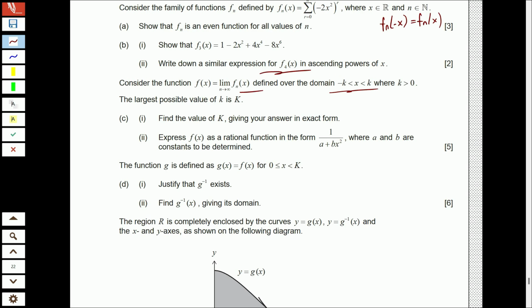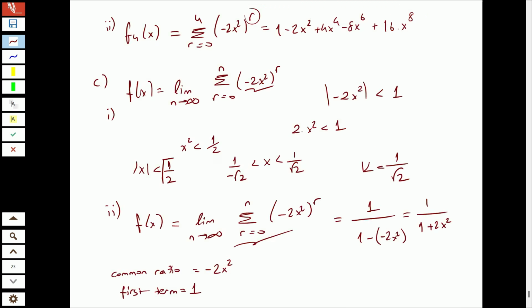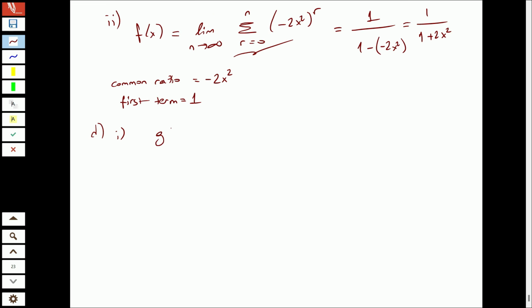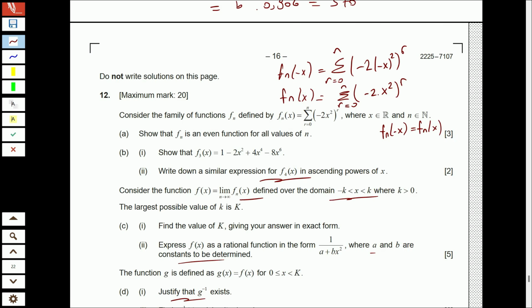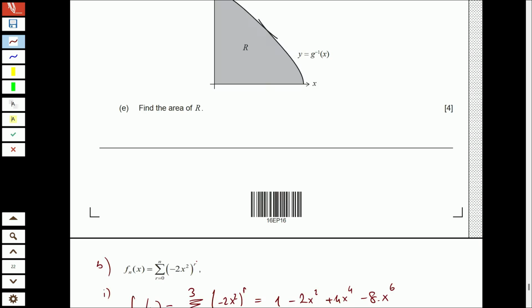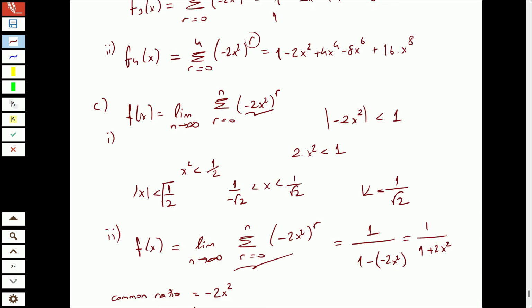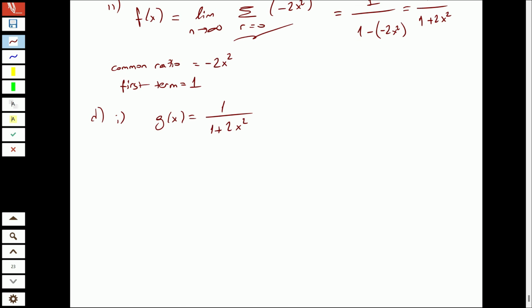Okay? Yeah. The function g is defined as g of x equals f of x. Justify that the inverse of g exists. And at the next question, we're going to say that g of x equals 1 over 1 plus 2x squared, right? Because it equals f of x, and we are looking for the inverse of g. Yeah. So how are we going to find the inverse of g?